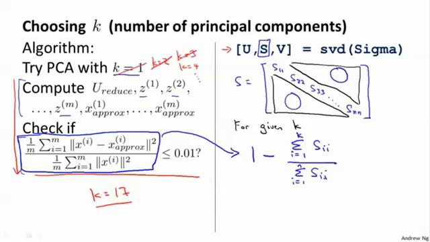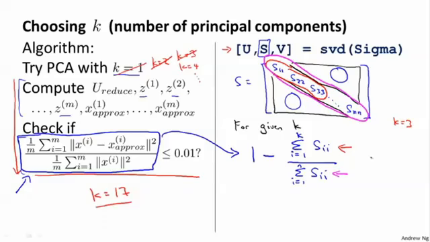So to say that in words, if k equals 3, let's say, to compute the numerator we sum from i equals 1 through 3 of Sii, so we just compute the sum of these first 3 elements. And for the denominator, that's the sum of all of these diagonal entries. And 1 minus the ratio gives me this quantity over here that I've circled in blue.